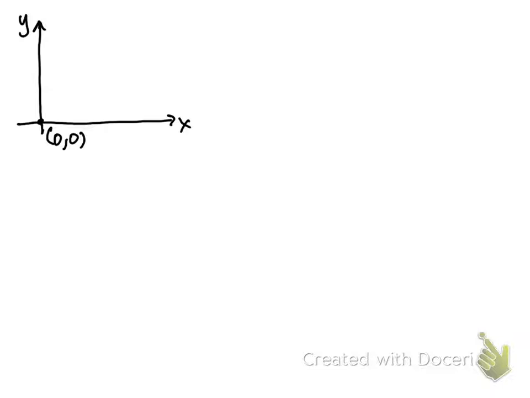Here's my xy point. Now this time I'm going to go horizontally first and then vertically. Okay, so I'm going to call this C3 and I'm going to call this C4. And I have this point here, x, 0.